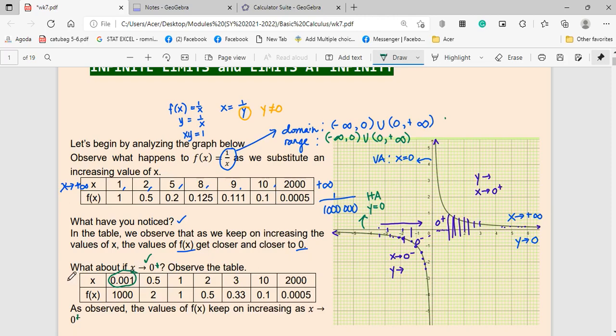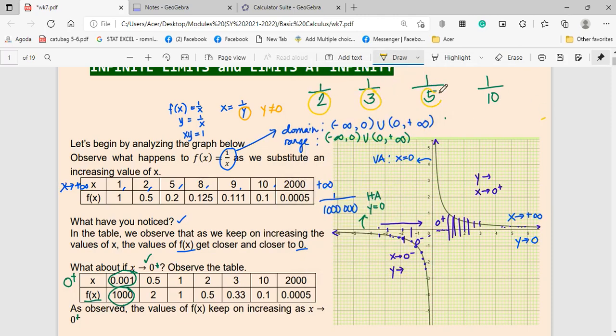Papalapit siya na papalapit sa 0 from the right. Pero ano nangyayari sa f of x? Lumalaki siya. Dahil in reality class, when it comes to fraction, can you imagine this? 1/2, 1/3, 1/5, 1/10. And now you observe the denominator.